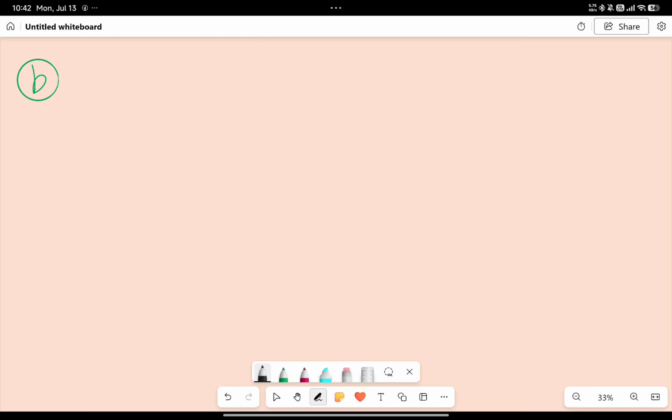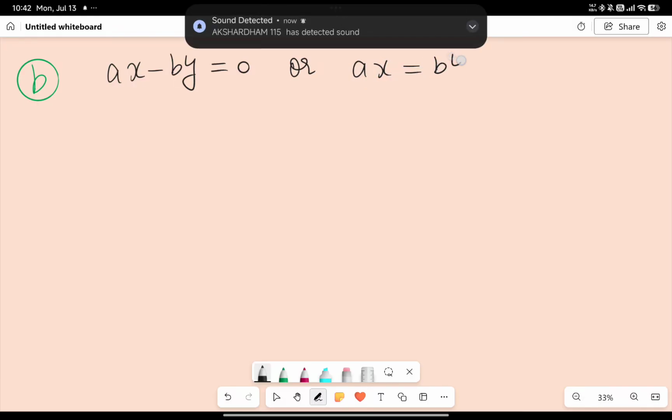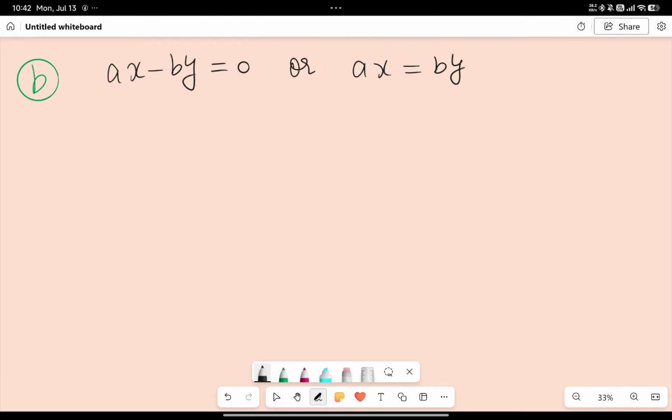In the B part I have ax minus by equal to 0. I would like to convert it into y equal to mx plus c form. So I write ax equal to by, shifting this to the other side. Or I can say by is equal to ax plus 0.